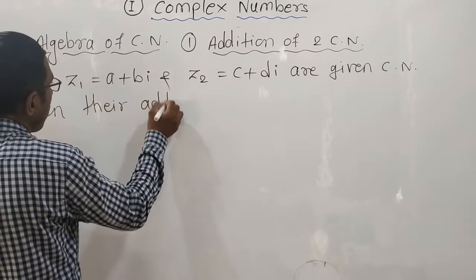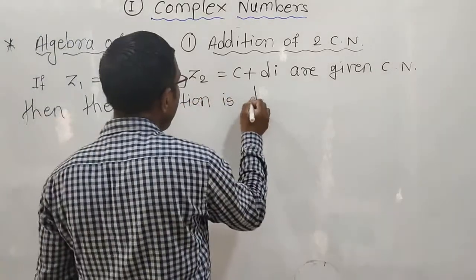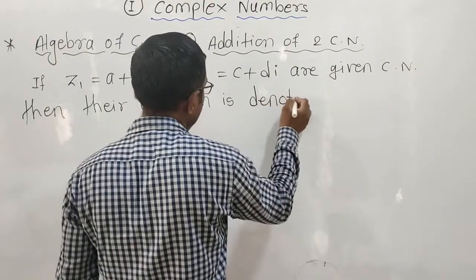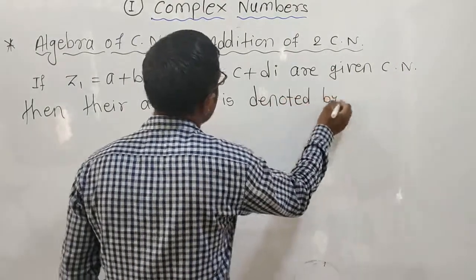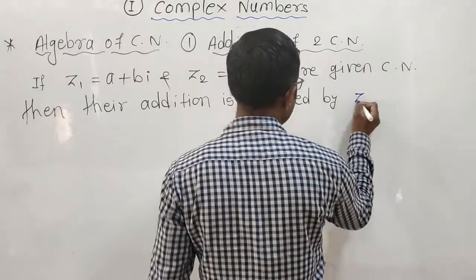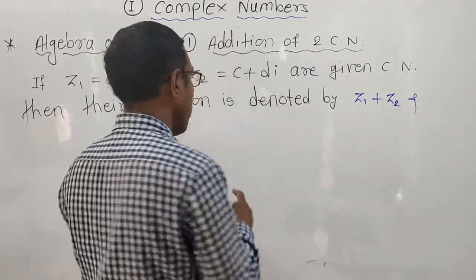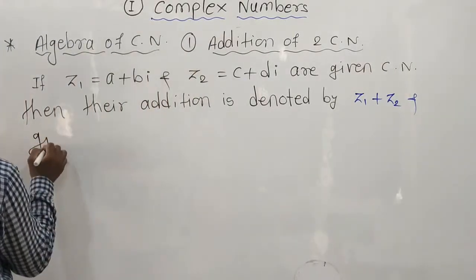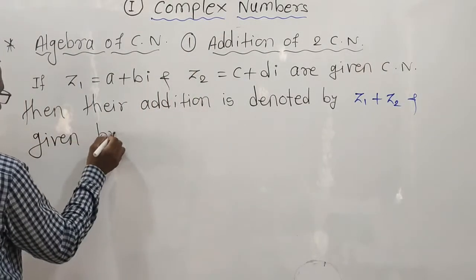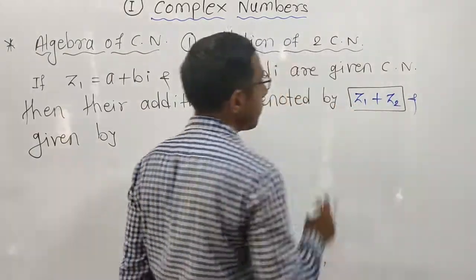their addition is denoted by z1 plus z2 and given by, simply, this is nothing but a notation.